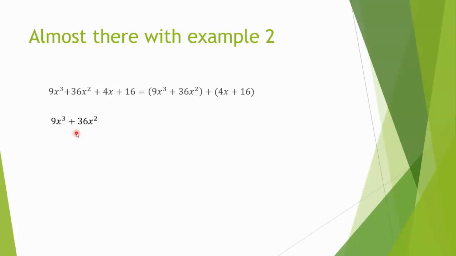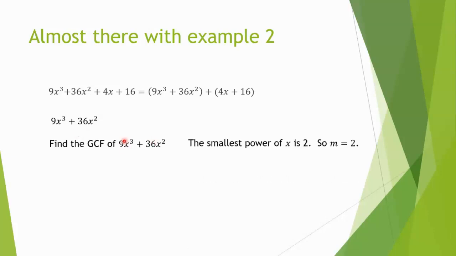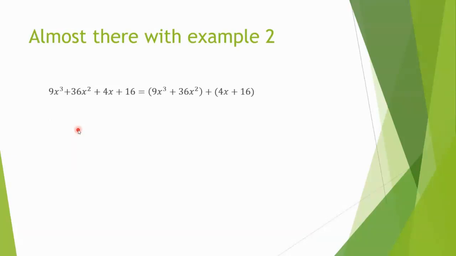So for the first one here, notice the smallest power of x is 2, so we will be able to factor out x squared. Also, from the previous slide, 9 is a factor of 36, so 9 is the greatest common factor of 9 and 36. Let me go back and show you.